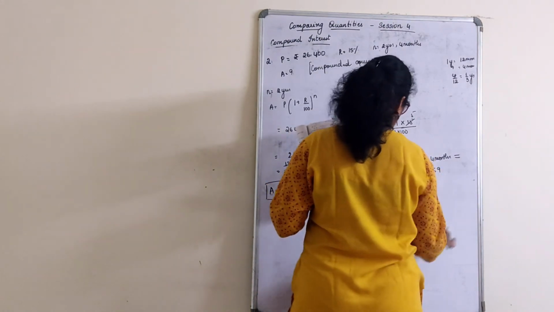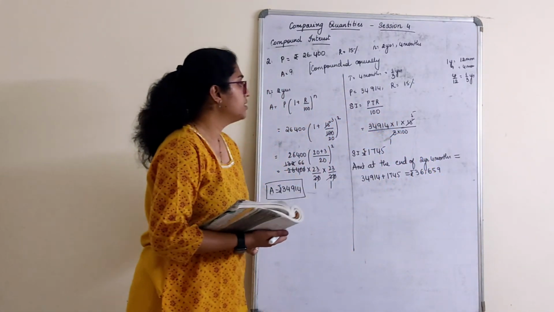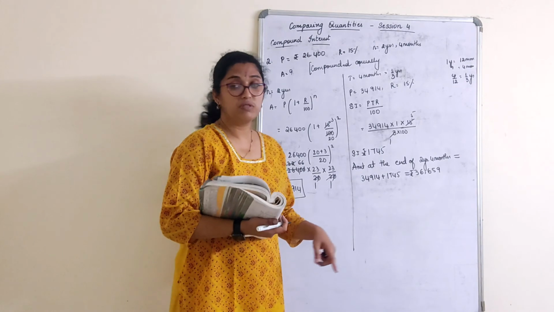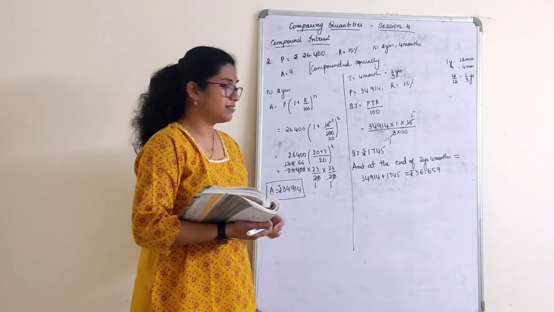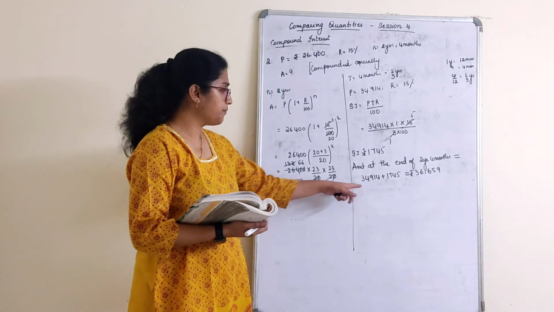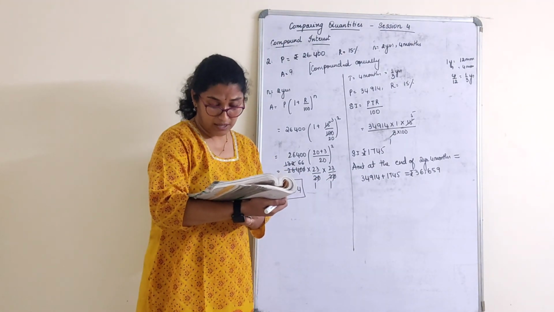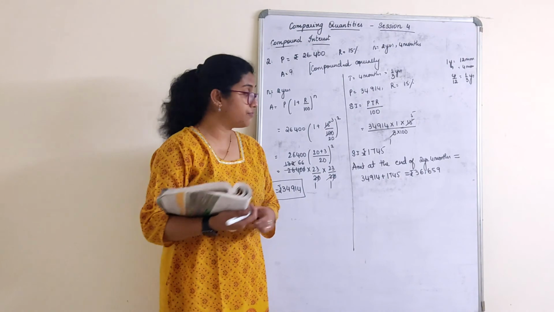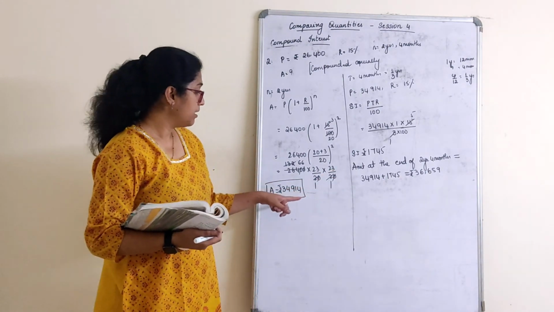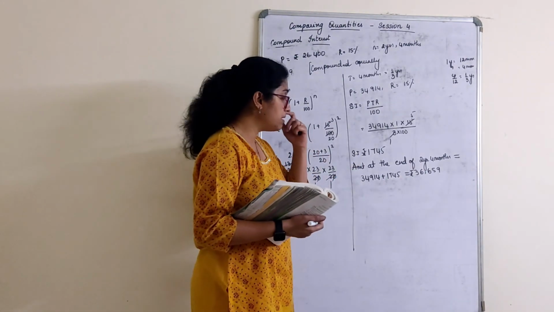Some point decimal you get, that's okay if you write it here. Give the conclusion. Therefore, Kamala has to pay rupees 36,659.70 paise. I think I have messed up with some decimal point here.